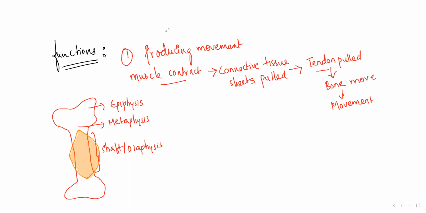This skeletal muscle is fixed to the bone through a tissue called the tendon. So this part is called the tendon. The tendon joins a muscle with a bone. The tendon is a tissue which joins your muscle with the bone.